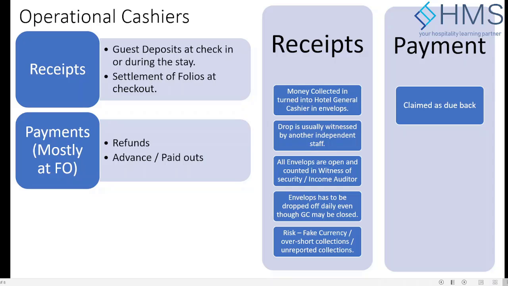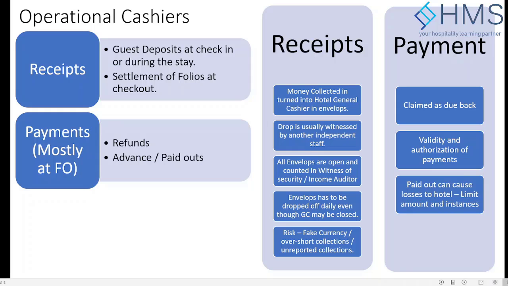Once they claim it from finance, they will top up the due back immediately, so that the cashier has their proper float, which is complete. The most important thing to check is the validation and authorization of the payment. All the refunds and paid outs have to be checked properly, which we will see on the next slide. What are the important things?